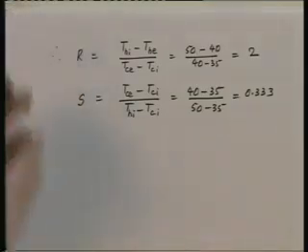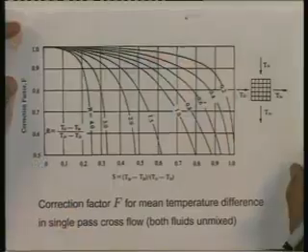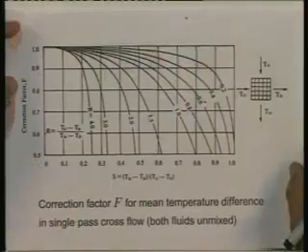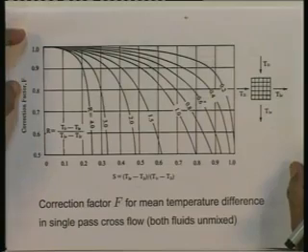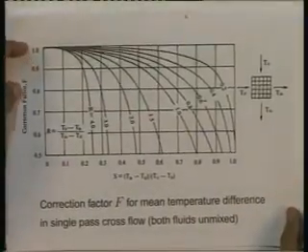Now, we go to the figure which I had shown you earlier for the results obtained for single pass cross flow. Recall, I had given you some situations there, so let us show that figure again, both fluids unmixed. Here we have the correction factor F for both fluids unmixed. In this case, R is equal to 2 and S is equal to 0.333.